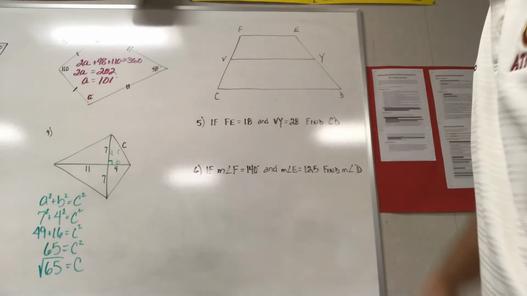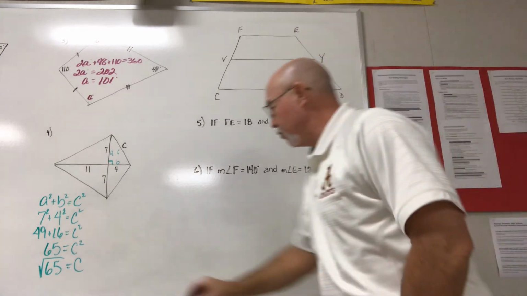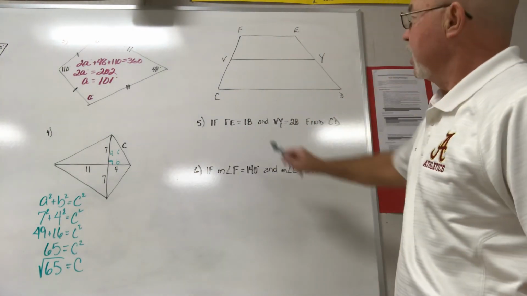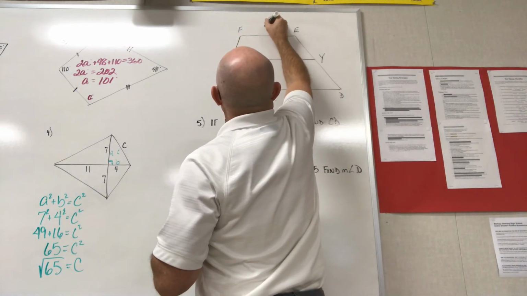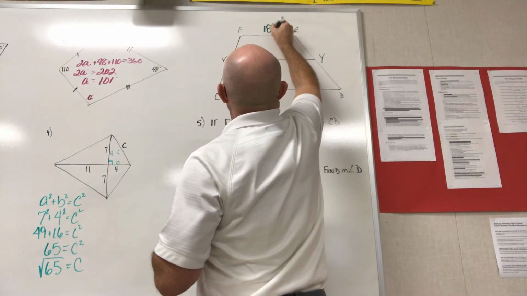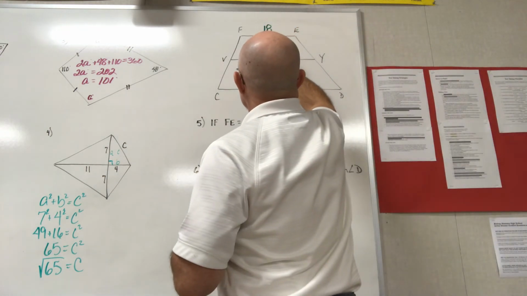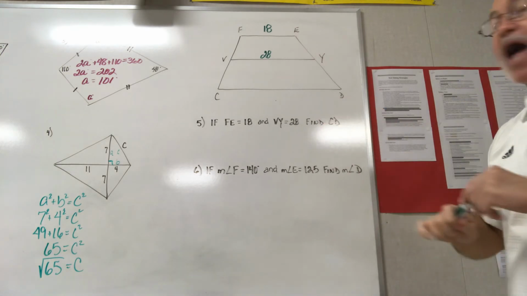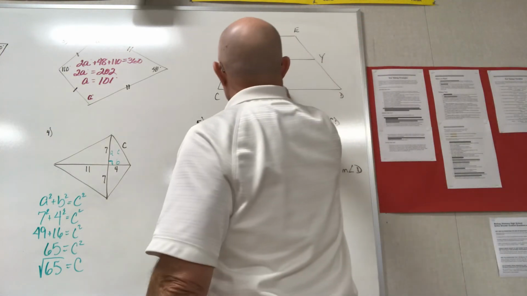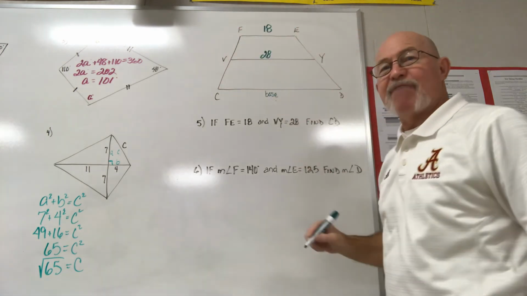Okay? So question 5. 5 and 6 both deal with the same one. So here we go. If FE is 18 and VY is 28, find CD. So I need to find the other base. I have the median.